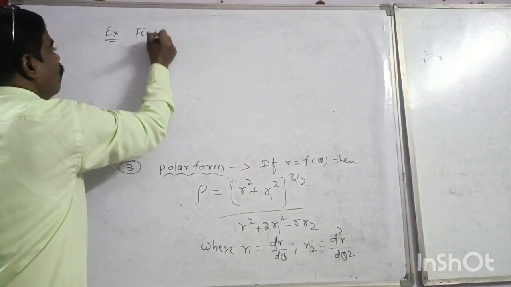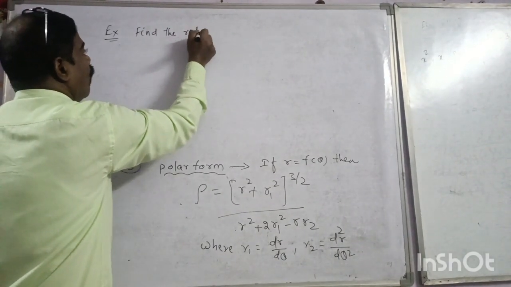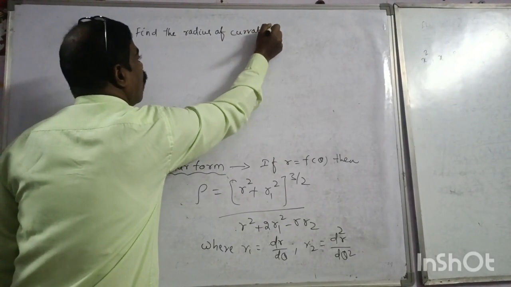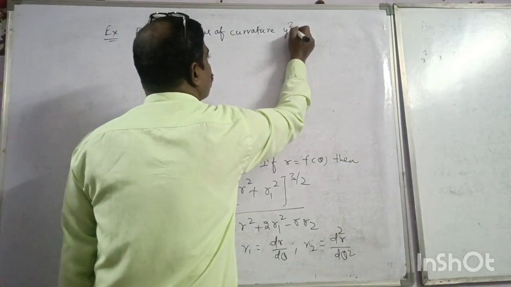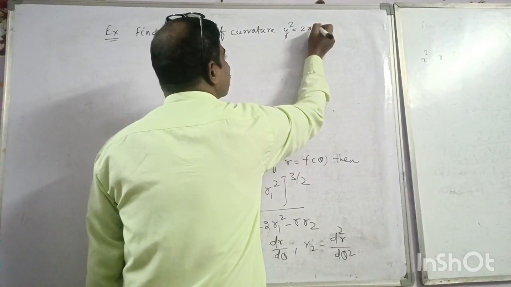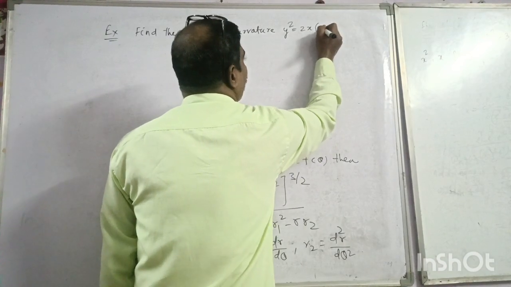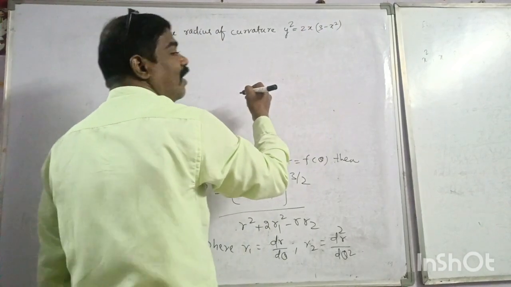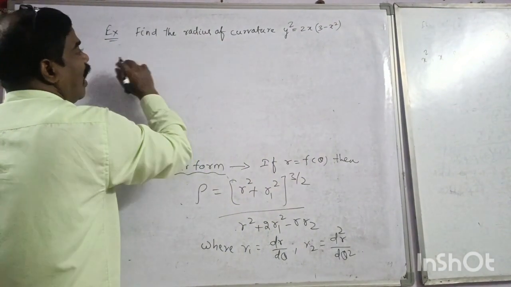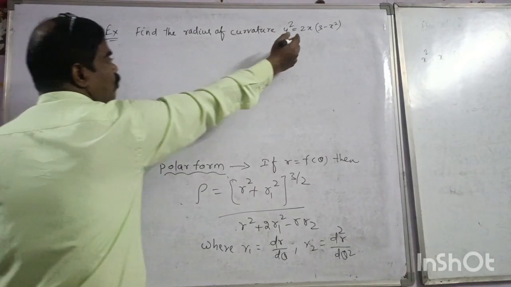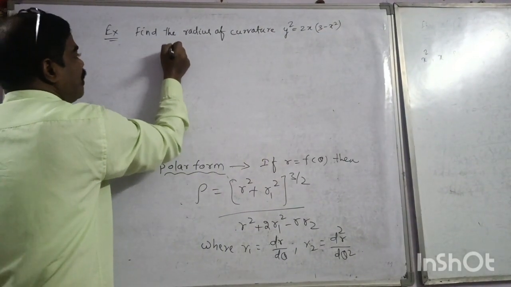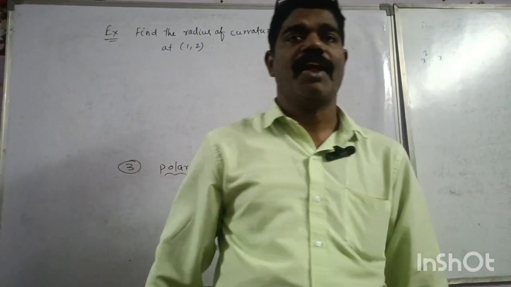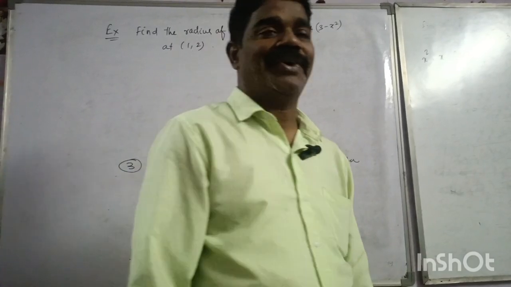Find the radius of curvature of y square is equal to 2x into (3 minus x square) at (1, 2). At 1 comma 2. Understand or not?